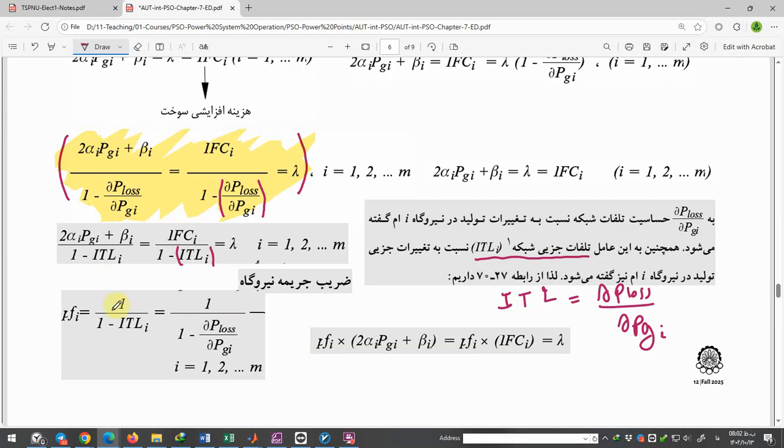And 1 over 1 minus ITLi is named PFi. PF means penalty factor. The penalty factor is 1 over 1 minus sigma round P loss over round PGi, the derivative of P loss over PGi. This is the penalty factor.